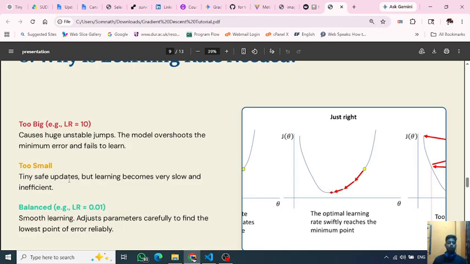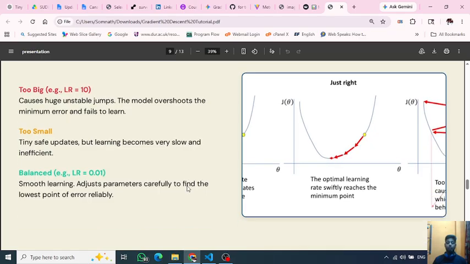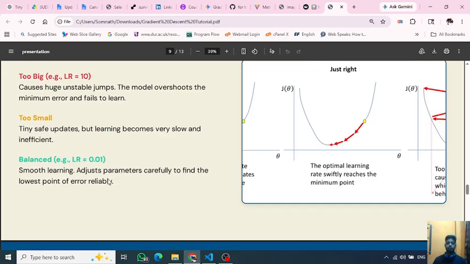And if it is too small, it makes teeny step updates, but learning becomes very slow and inefficient. So balance is very good. Here you have taken 0.01. This is the standard value for smooth learning, so we have to adjust this parameter very carefully. Very important thing.